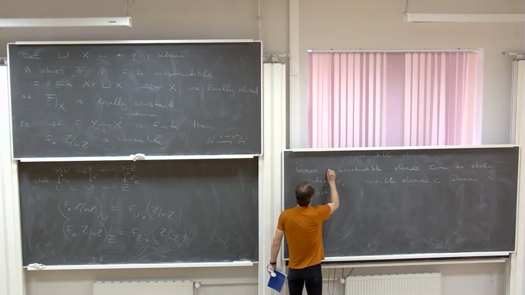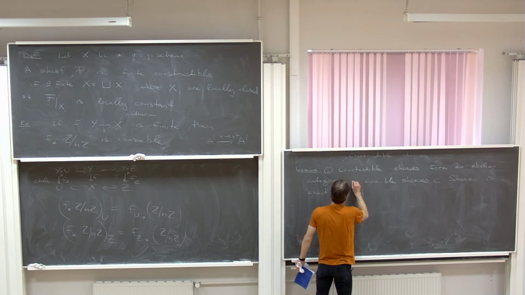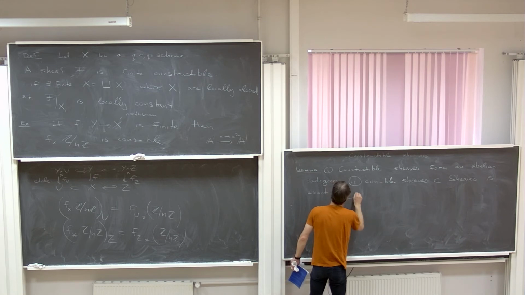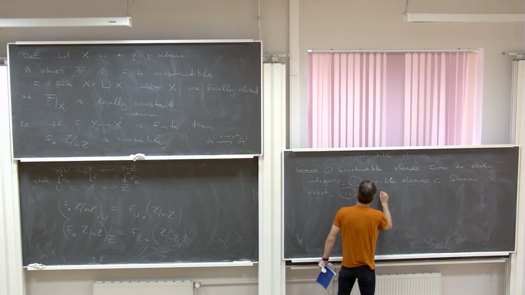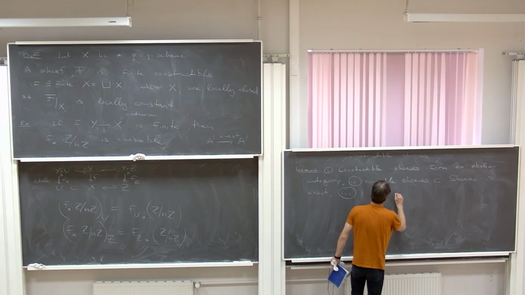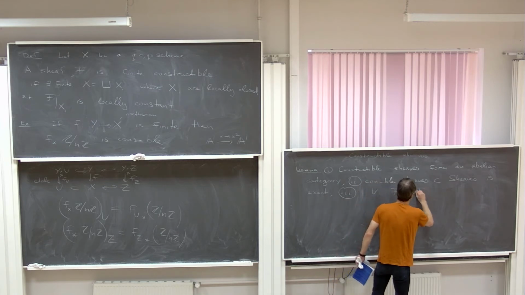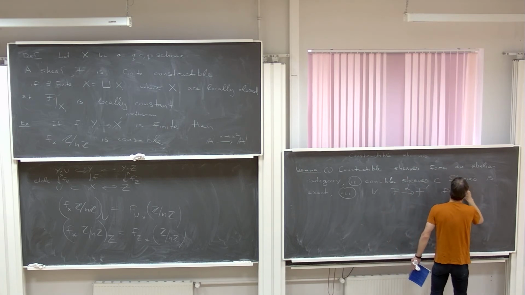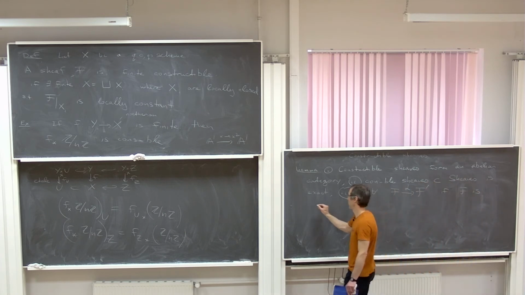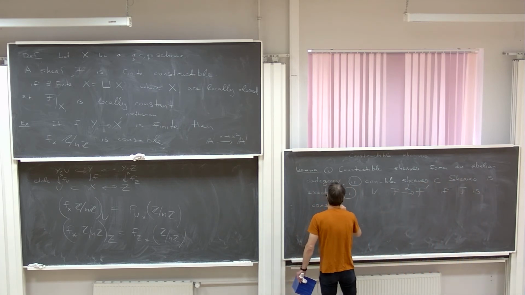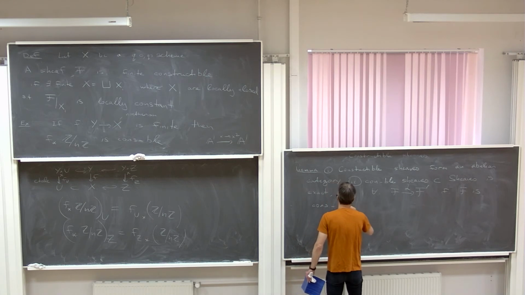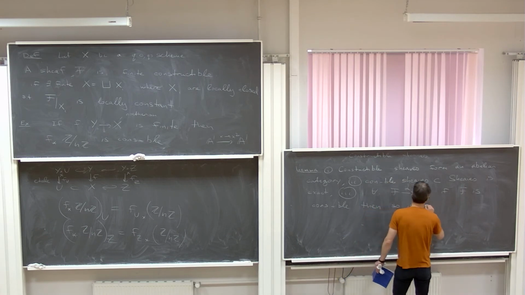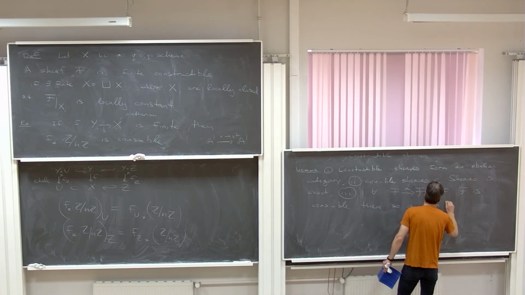Okay, and the last assertion is that for any map alpha from F to F prime, if F is constructible, then so is the image of alpha.